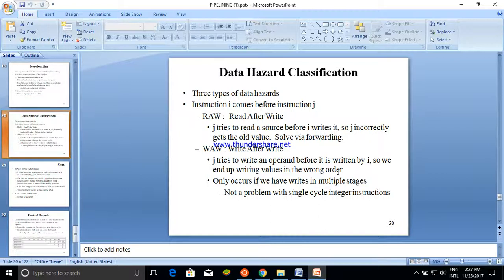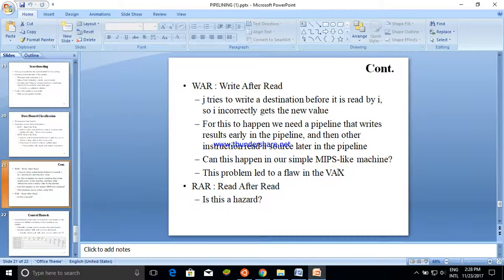The most important topic rather than the types of data hazard classification is that we have 3 types of data hazards. Now suppose there are 2 instructions, instruction I comes before instruction J. The 3 types of data hazards are RAW, read after write, WAW, write after write, and WAR, write after read.